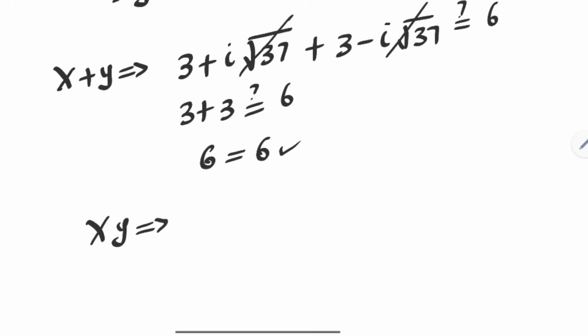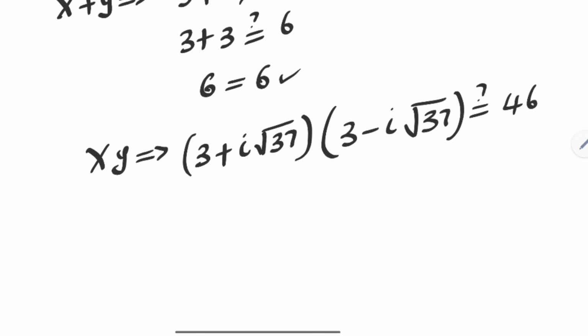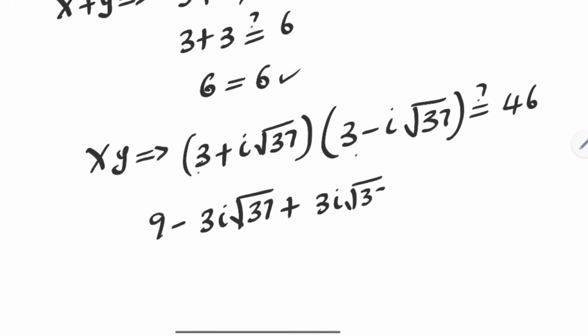xy can be written as 3 plus i root 37 multiplied by 3 minus i root 37 must be equal to 46. 3 times 3, this is 9, minus 3 times i root 37, this is 3i root 37, plus i root 37 multiplied by 3, 3i root 37.